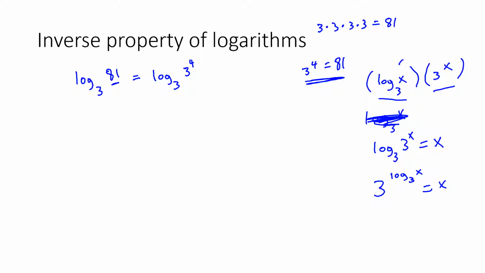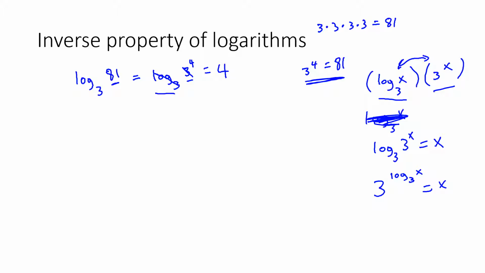In other words, these two are going to cancel each other out no matter which way we write it. So notice here that we have log base 3 and base 3. So these are going to cancel each other out. That's going to end up being 4.